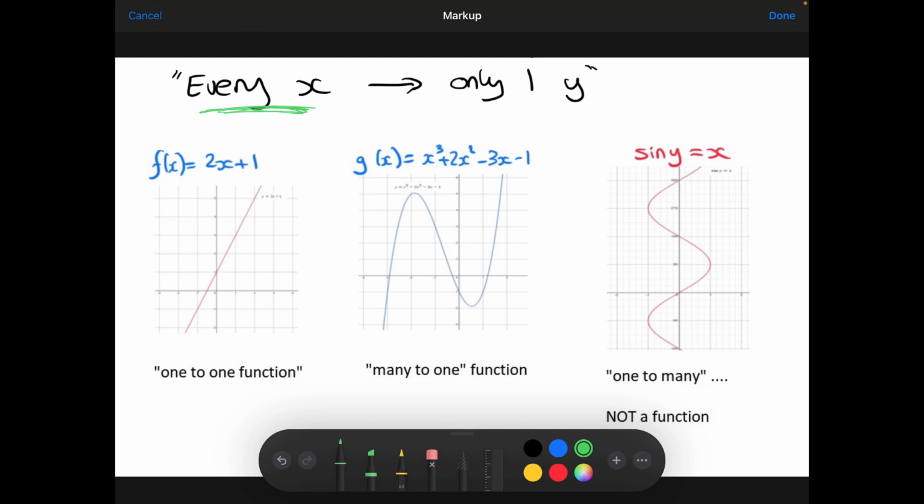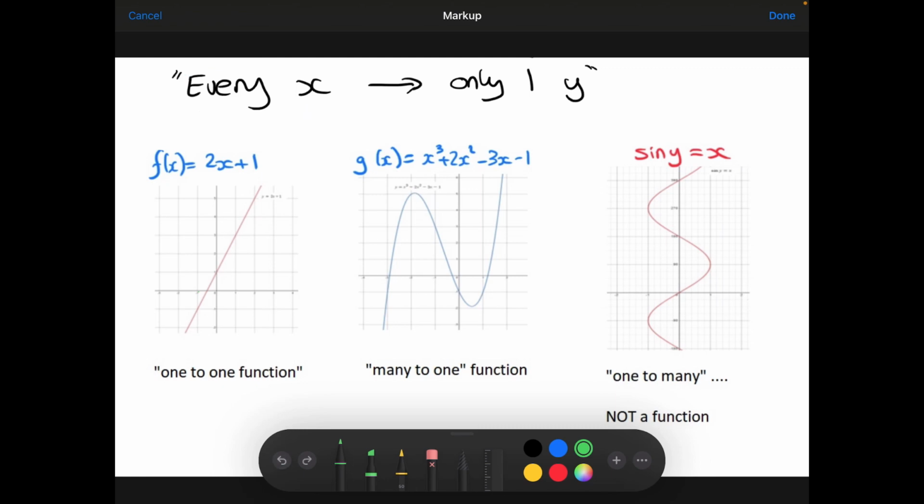For example, if I substituted 2 in and said sine y equals 2, well, there are no real solutions to that. Sine y can't equal 2. Remember, sine is only going to be between 1 and -1. It can't equal 2. So it fails the definition because I can't substitute every x value in.